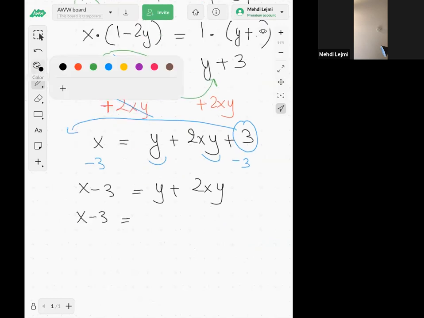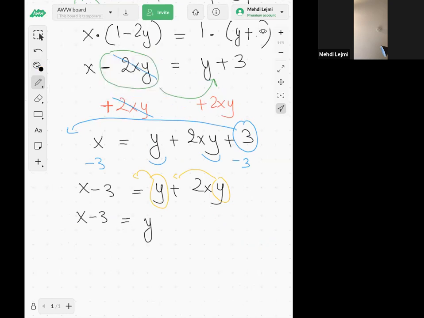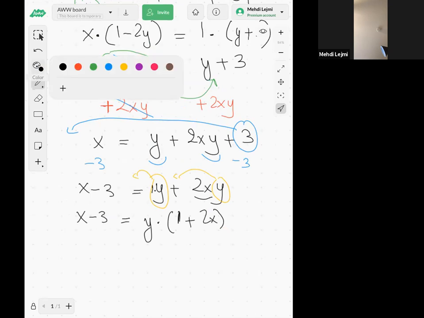So you pull out y here and here. You pull out y, then you are left with 1, because it's like 1 times y, plus here you are left with 2x. And now I just have to divide by this 1 plus 2x both sides.